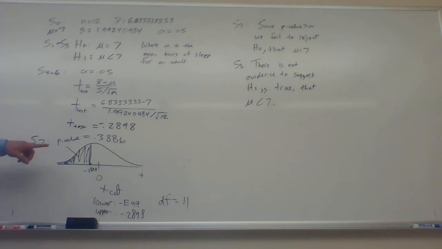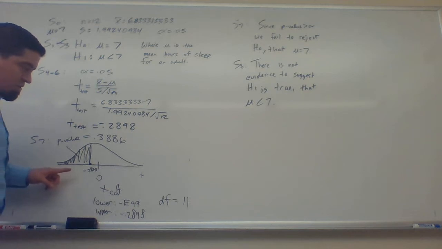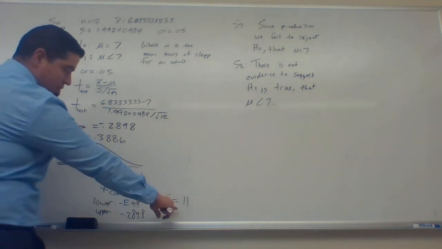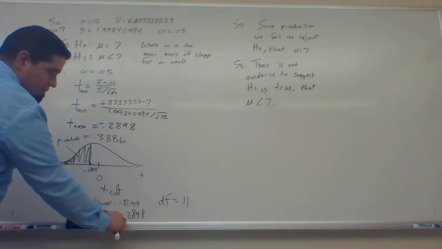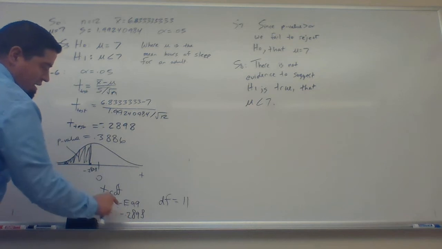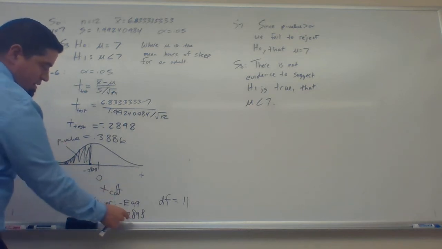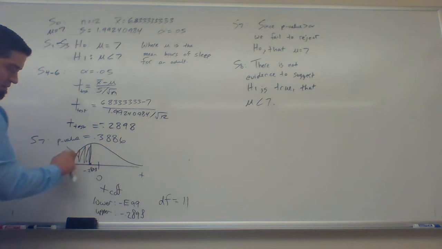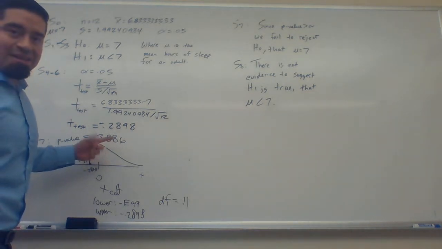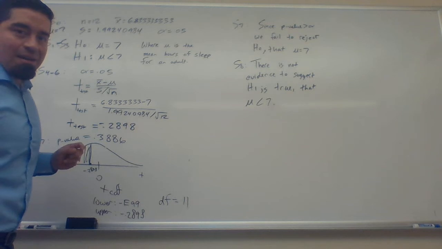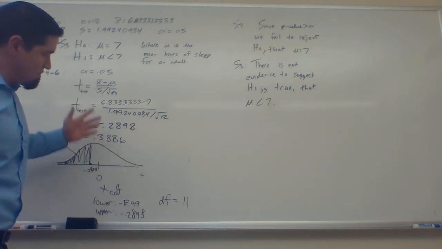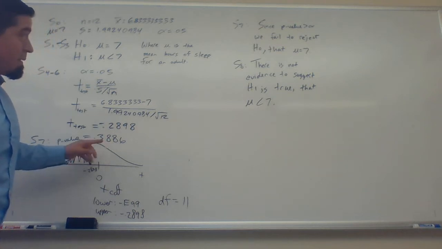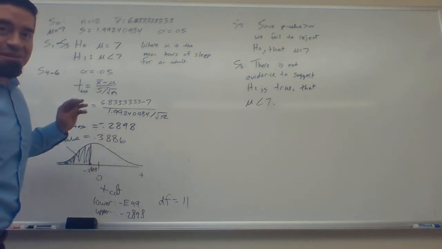Without technology, you would use your t-chart, go to the row with the degrees of freedom 11, and go to the closest t value for 0.29, and you look at the body of the table, and you'll get your p-value from that. This is more precise using technology, so I'd probably err on that side. So that's example 2, doing it with the table. Same thing, just this step would be with the table.